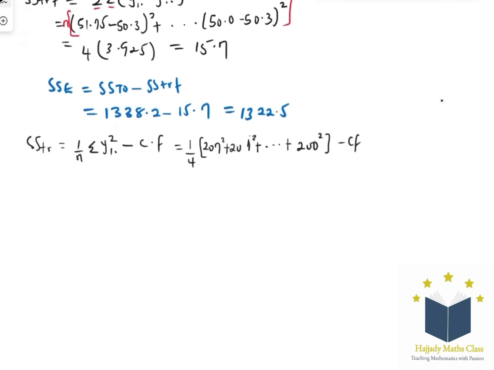So here I'm going to have 1 over 4 multiplied by 202,470 minus the correction factor, which is 50,601.8. So finally here I'm going to have 15.7, which is the same thing as the previous one we've gotten.